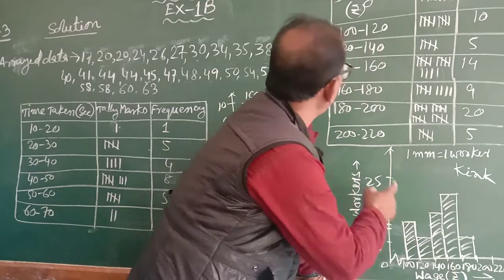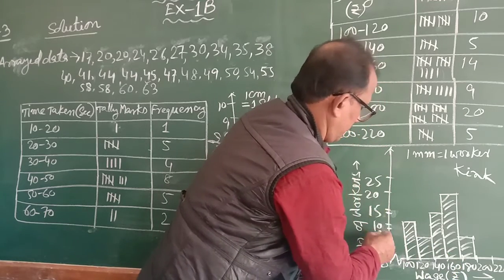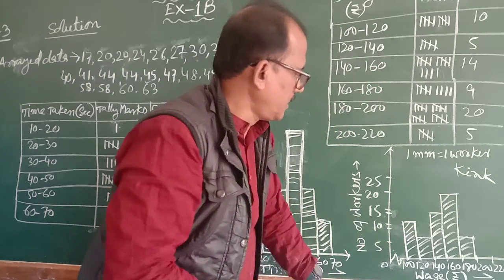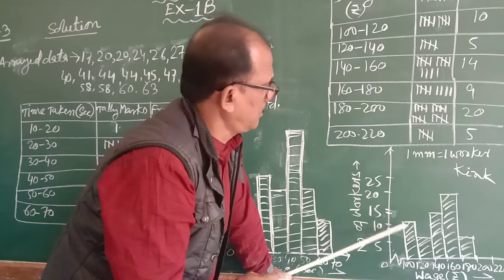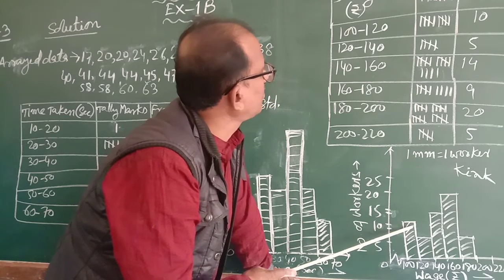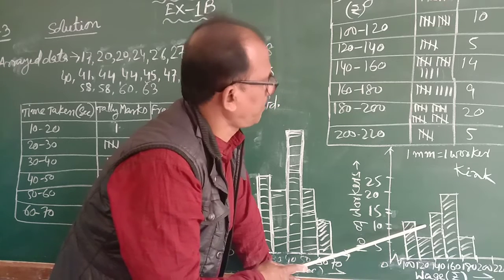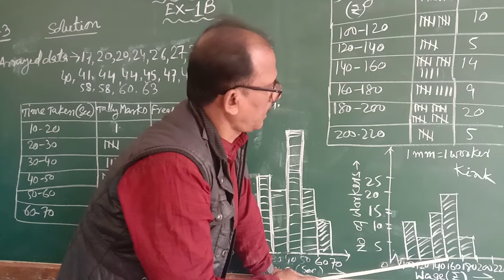Now 160 to 180 will be 9. You have taken this line up to 9. Where is 9? First is 100 up to 10, then second is 120 up to 5, then 140 up to 14, then 160 up to 9.